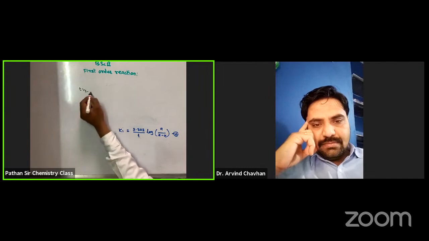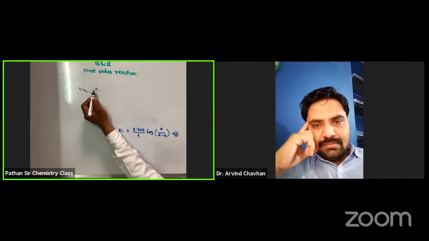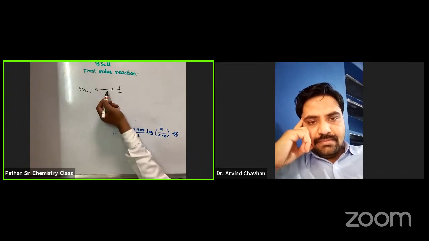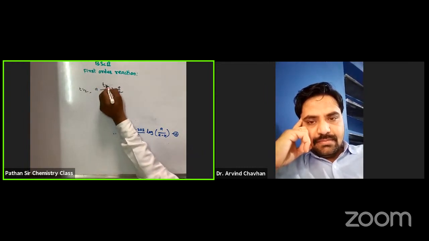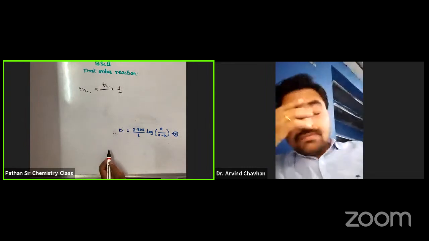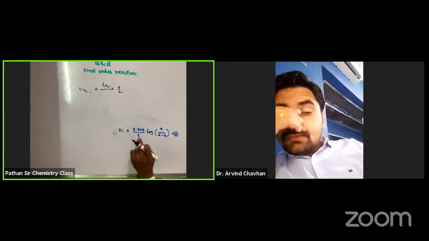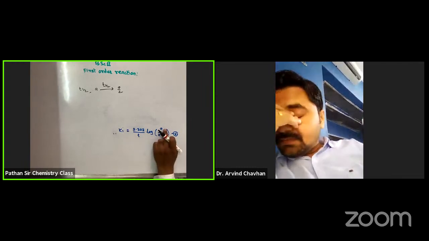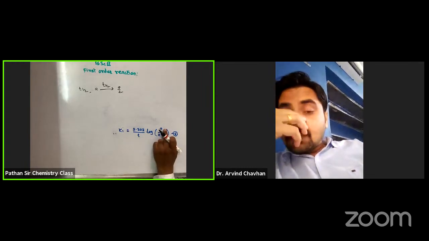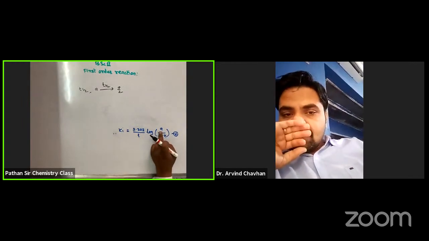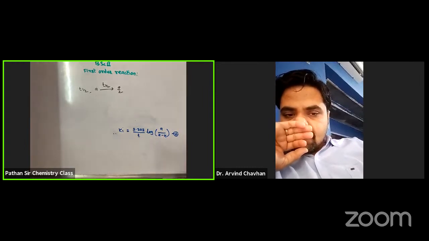Now see here, the initial concentration was A, and the time taken to become half of it, A by 2, is known as the half life of the reaction. So we'll put here T half; instead of A minus x, sorry, instead of A we'll put A half. Okay, see the half life of the first order reaction.